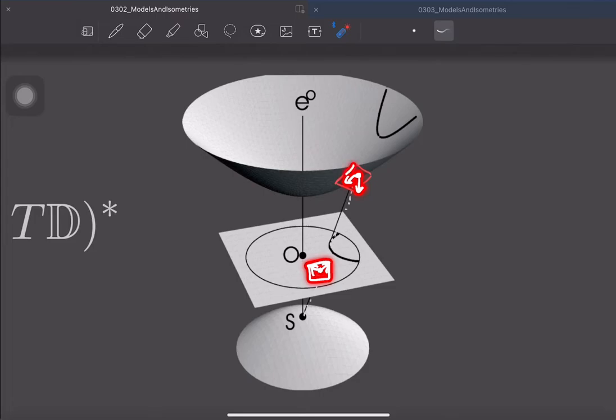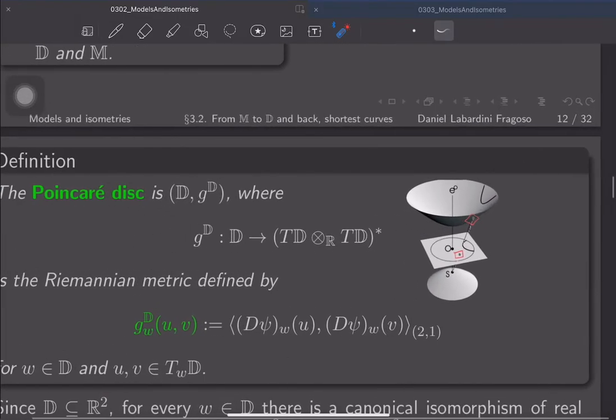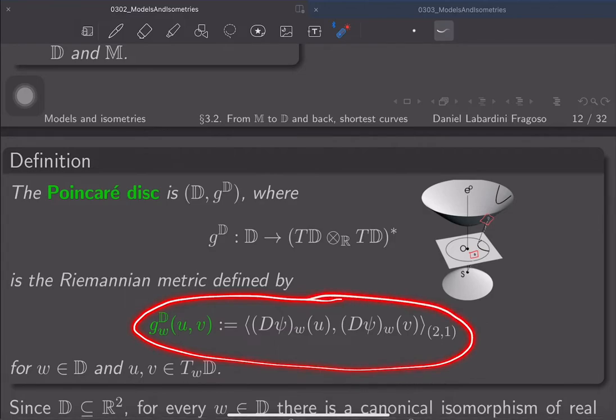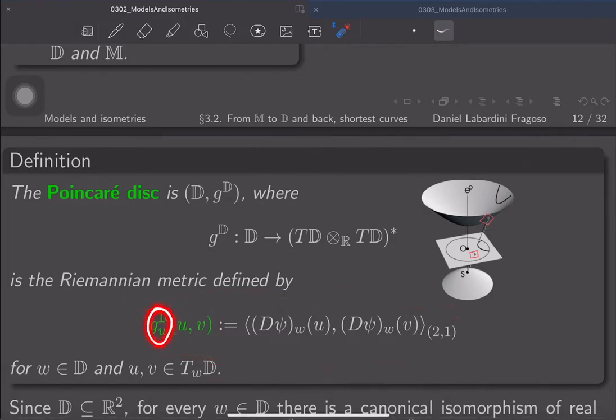Now, how does one compute those images? Well, the derivative takes the tangent plane here to the tangent plane there. So that's the definition, and that's the formula that you are seeing here. The inner product at W of two tangent vectors at W is defined as the Minkowski inner product, in the tangent plane at the image of W under C, of the images of the vectors under its derivative.